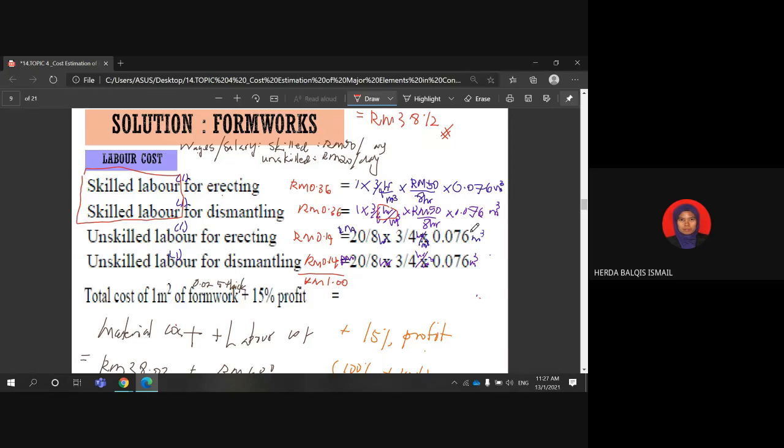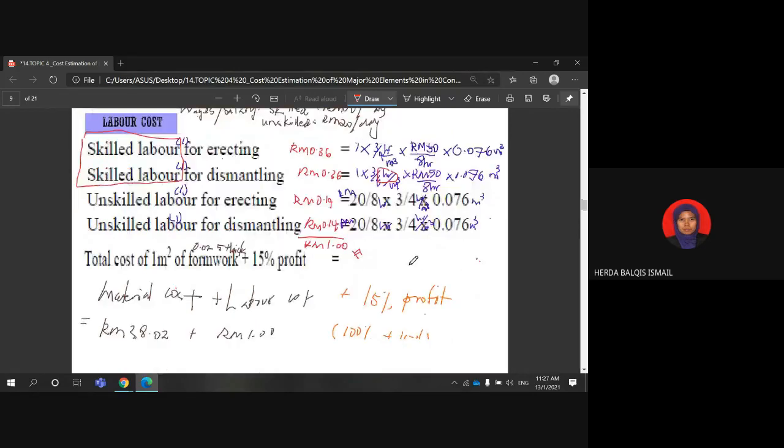Repeat the same for the cost of unskilled labor for erecting and dismantling. Total up the cost and the labor cost is 1 ringgit.